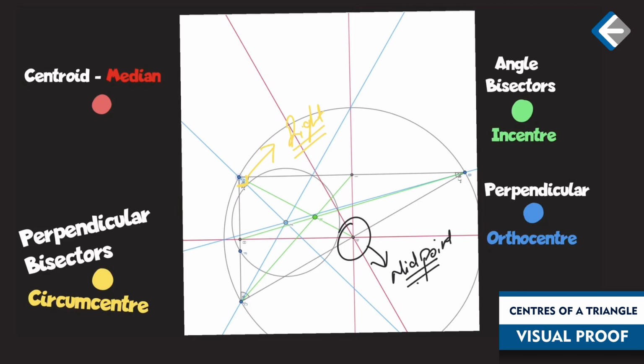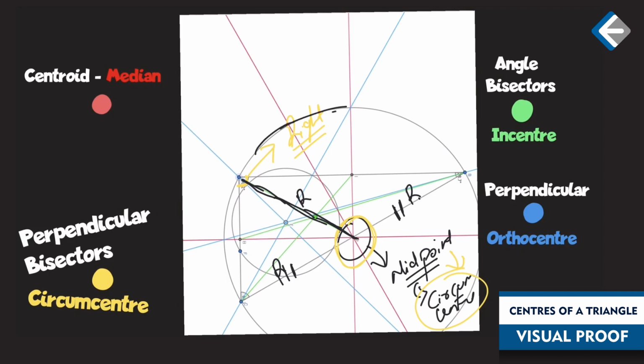So the circumcenter comes on the midpoint of the hypotenuse, something that we have studied in a right angle triangle, which says that the circumradius is equal to half of the hypotenuse. Now we know why. Because your circumcenter lies on the midpoint of the hypotenuse, the circumradius of a right angle triangle becomes half of the hypotenuse.